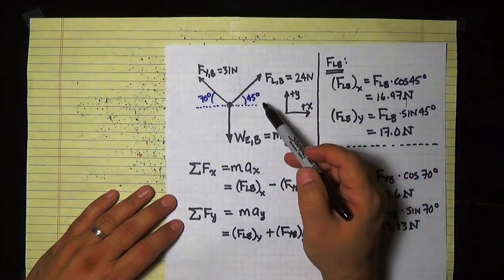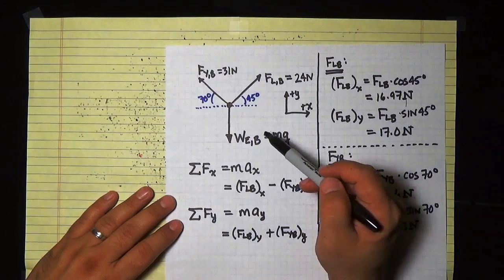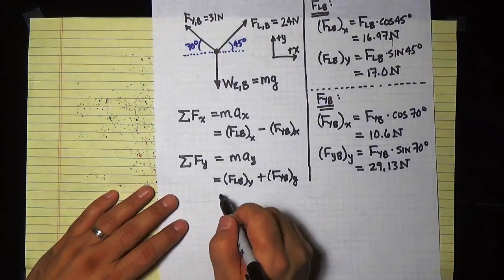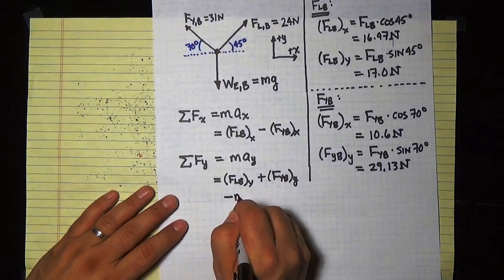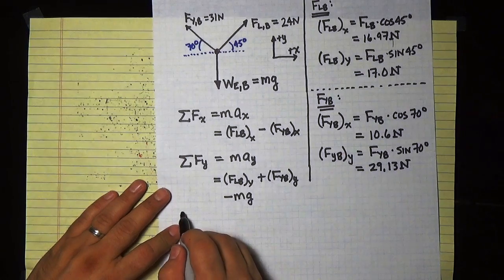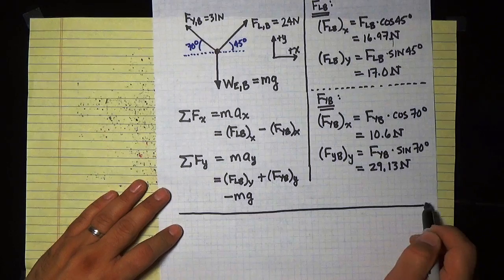Both of those are in the positive direction, upward, in the plus y direction, and minus the weight. So this will be minus the mass of the bucket times little g. Okay? So those are my Newton's second law equations.